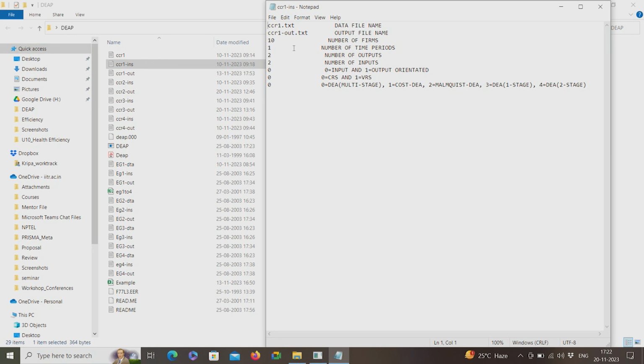Another important instruction is that we need to specify the number of firms. In our case, there are 10 firms. The number of time periods is 1, since we are explaining only the cross-sectional case. The number of outputs is 2 and the number of inputs is 2. So far as input and output oriented models are concerned, had it been output oriented, we could have mentioned 1, but since it is input oriented, the code is 0. So, we have mentioned 0.